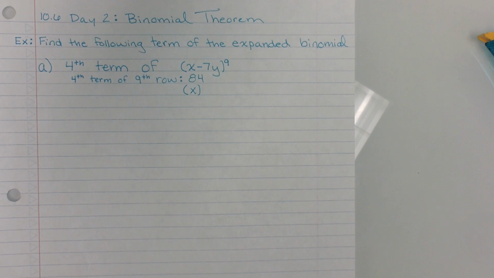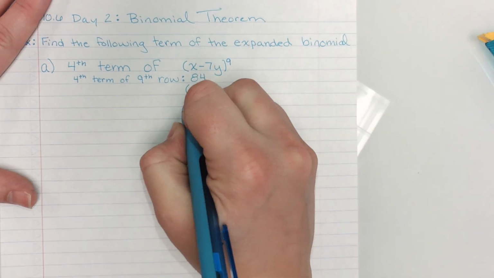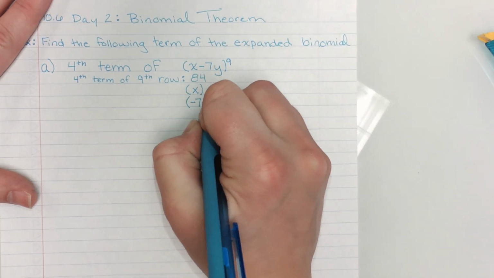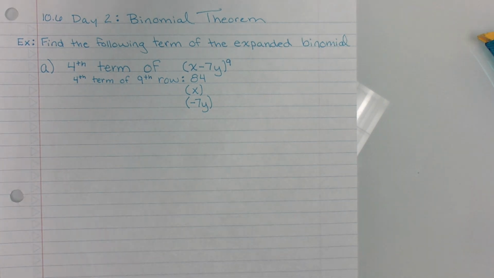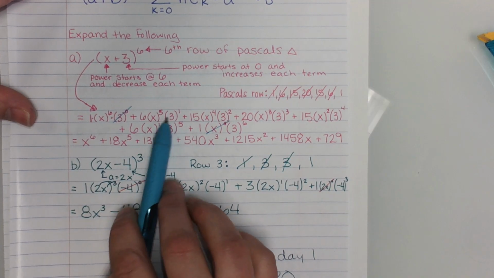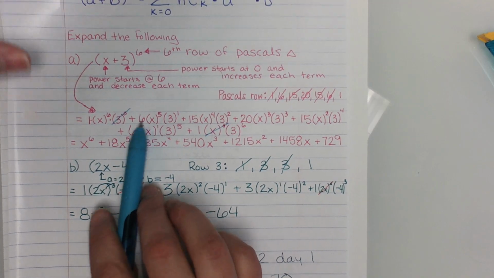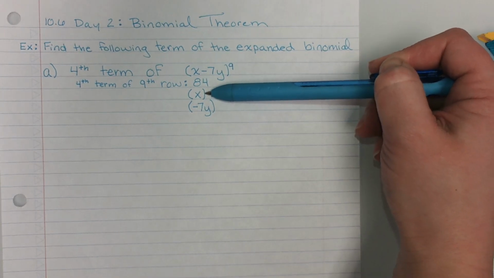I'm still talking about the x. So in this expanded binomial, we'd have x, we'd have this. Those of you who said 0 are talking about this, would have been to the power of 0. But I was moving on to the next term of the actual expansion. So I was talking about, like, after we get these three, we're moving on to these three. This one starts off to the power of 9 on the first term.